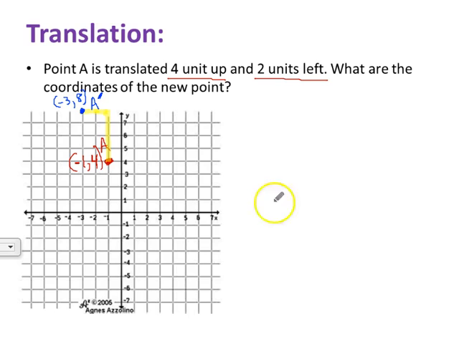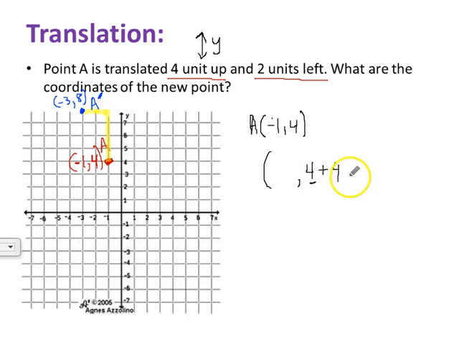So another way we can solve this is just say, okay, point A had the coordinates -1, 4. And then if I move 4 units up, that means I'm going to add to my y coordinate, because when we go up and down, that's always related to our y coordinate. So if I add 4 to my original y coordinate of 4, that's going to give me my new coordinate.